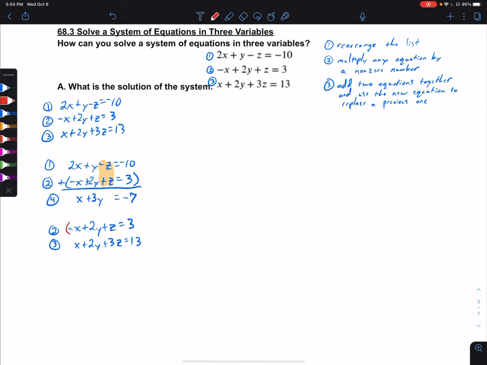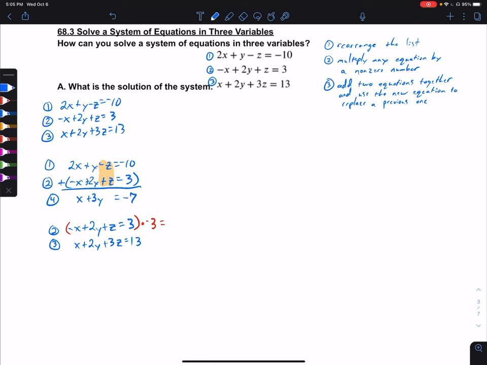So I'm going to multiply the top equation by negative 3, and that way I'll have a negative 3z and a positive 3z, and you'll see how that works out. This negative 3 has to be distributed to everything.